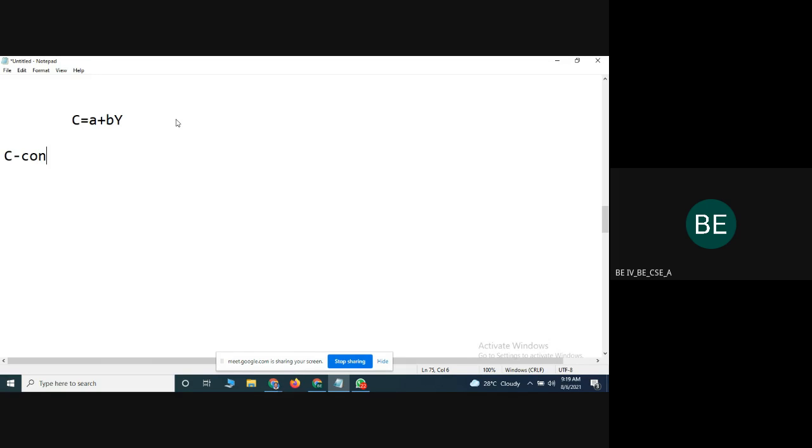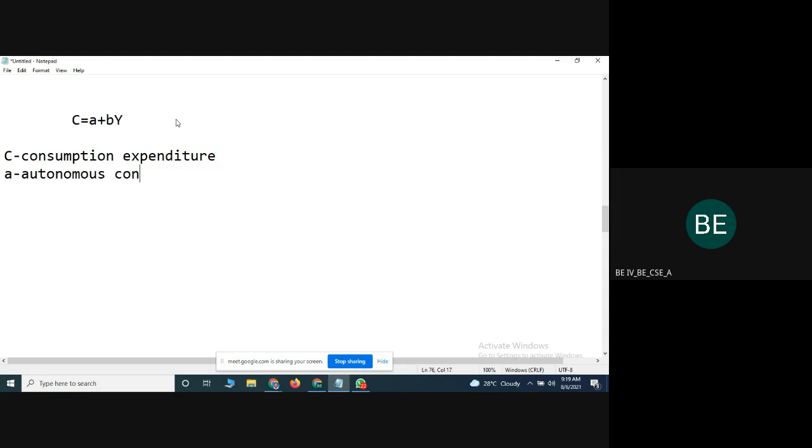C is the consumption expenditure, and A is the autonomous income. Autonomous is when the person's income is 0, but he is spending a certain amount on expenditure.